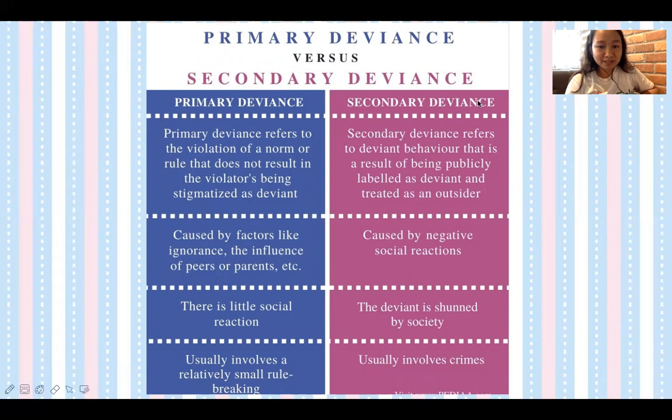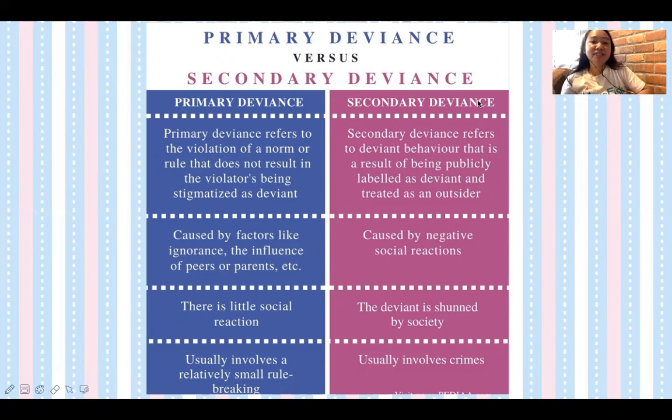So let me discuss this very common concept as well, because you will be meeting this as you go along with your study in relation to deviance. So we have primary deviance and secondary deviance.